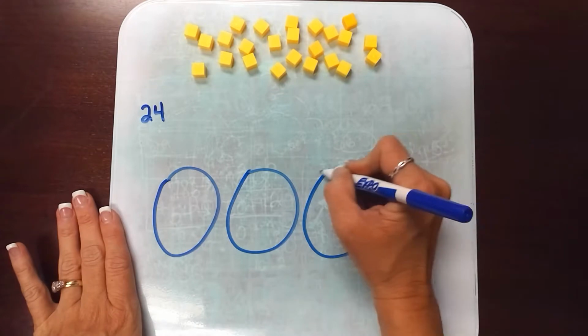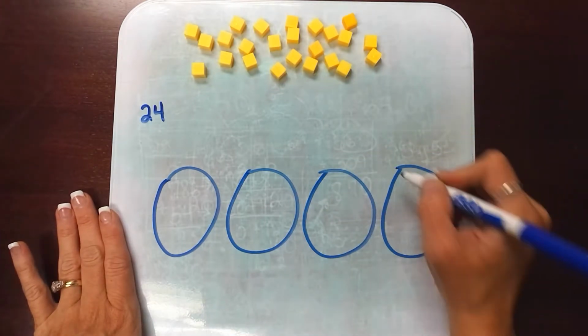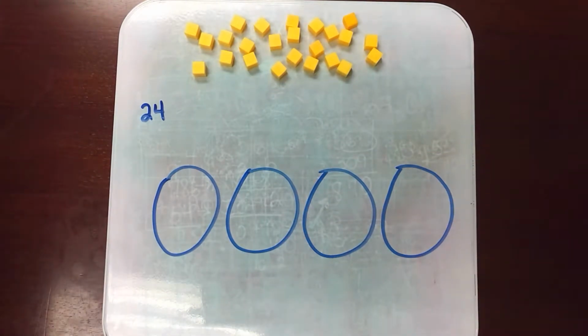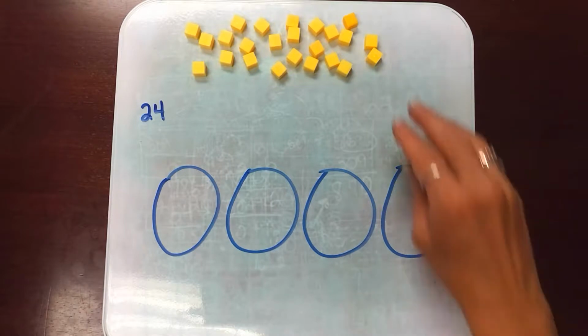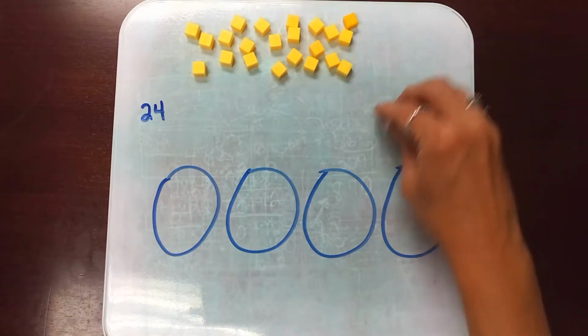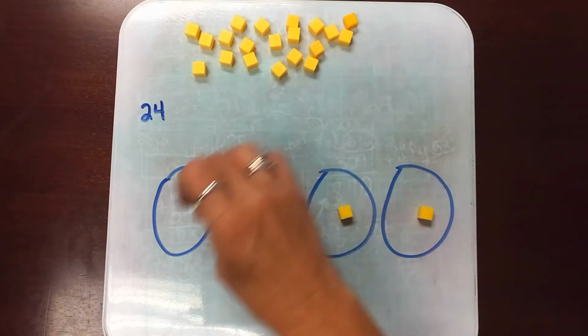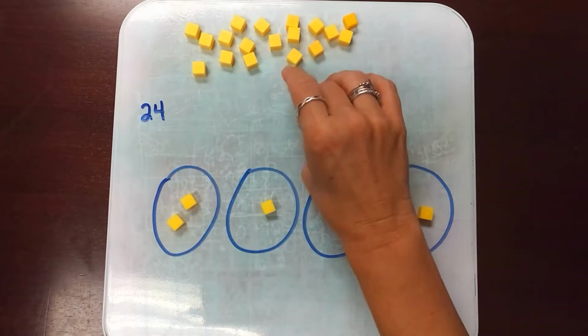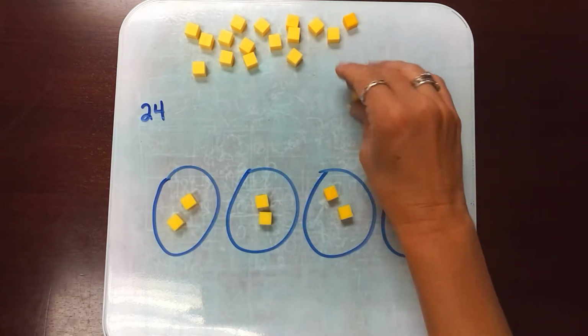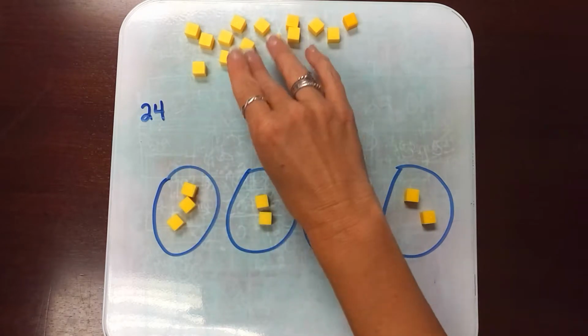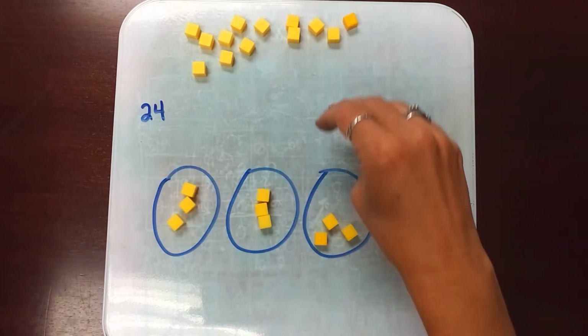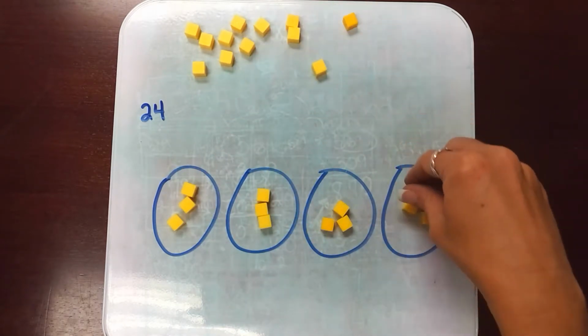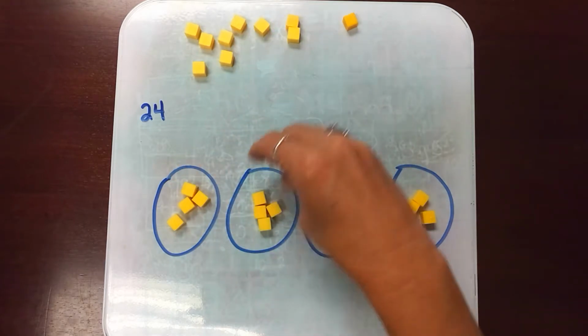So students can draw this picture. You can have actual baskets or cups there. You can have pieces of paper they do this on. But students are actually just going to take the 24 and we're going to put an equal amount of apples in each of the 4 baskets.